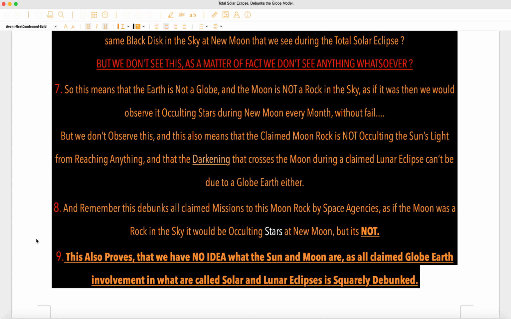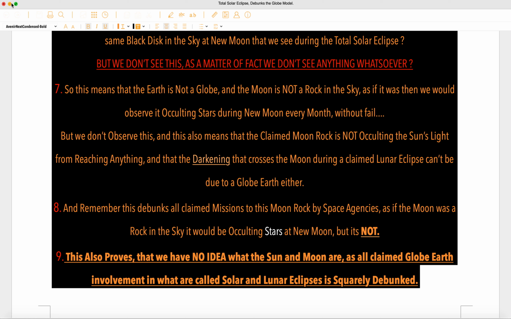Eight: and remember, this debunks all claimed missions to this moon rock by space agencies. As if the moon was a rock in the sky, it would be occulting stars at new moon, but it's not. Nine: this also proves that we have no idea what the sun and moon are, as all claimed globe Earth involvement in what are called solar and lunar eclipses is squarely debunked.